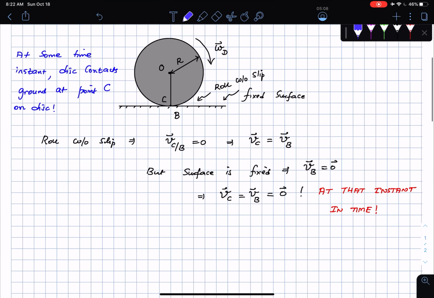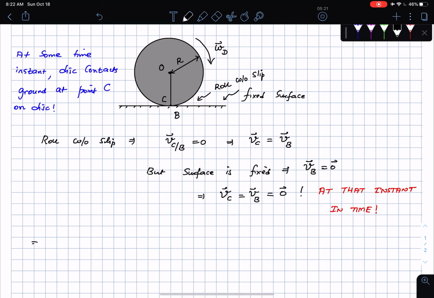So what this means is that at that instant in time, since the velocity of C is 0, it is as if the entire disk is trying to rotate about the point C. Let me write this down.